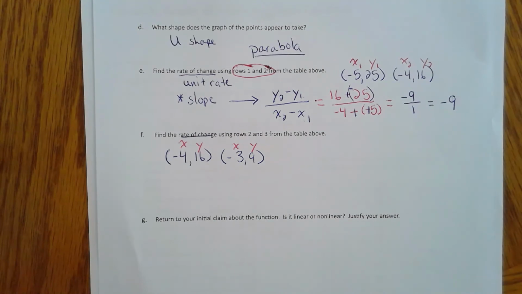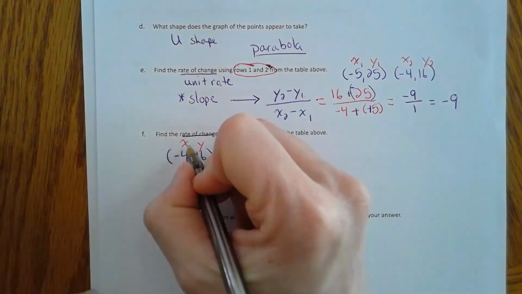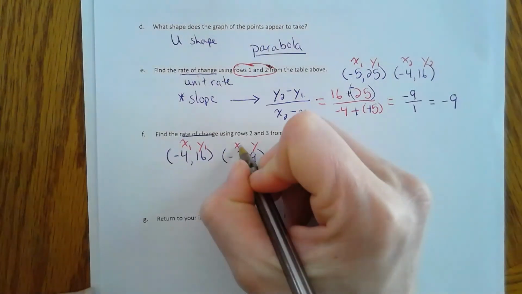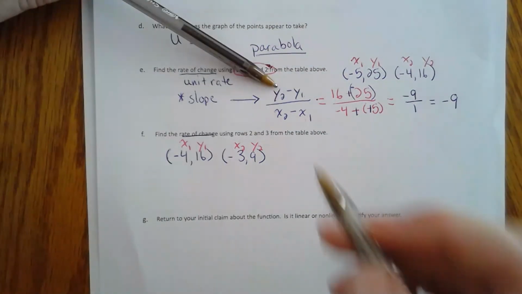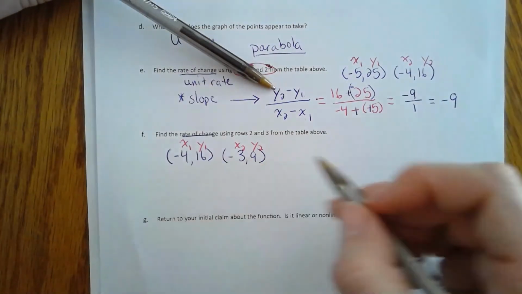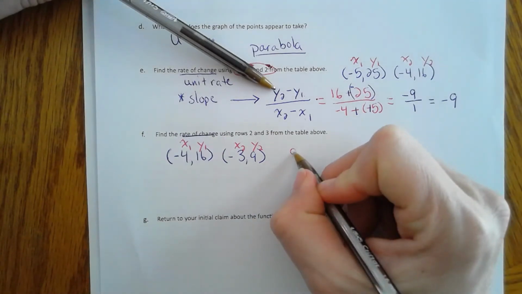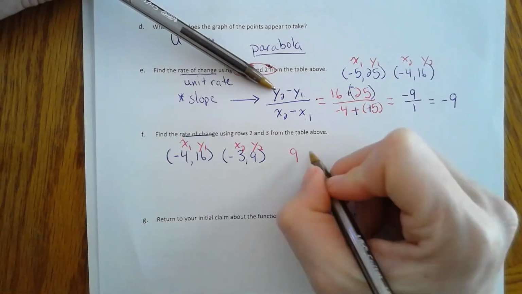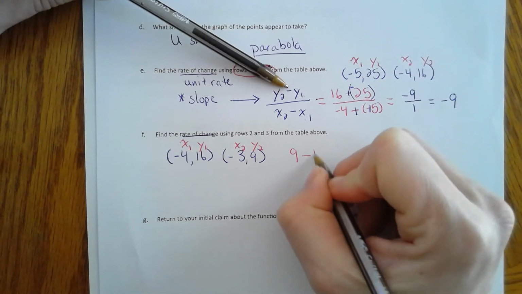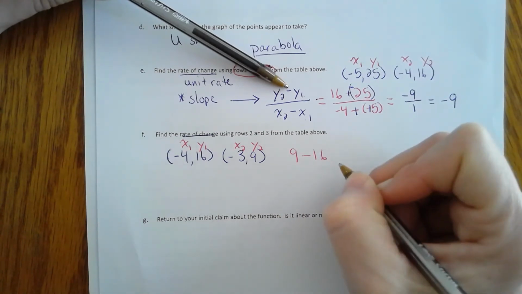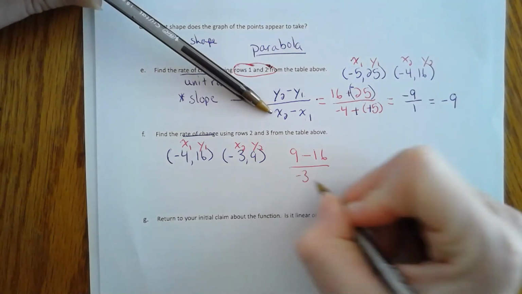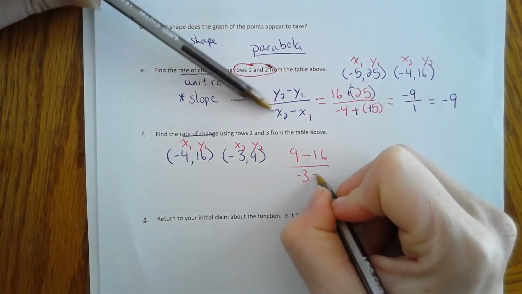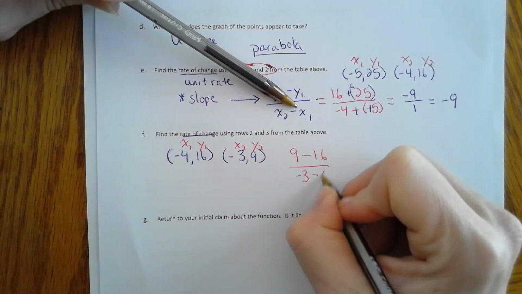Now remember, you pick one to be your first point and one to be your second point. So I selected 9 minus my y 16, over my x sub 2, which is a negative 3, minus my x sub 1, which I said was a negative 4.